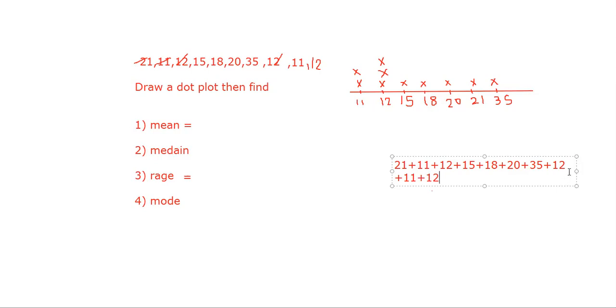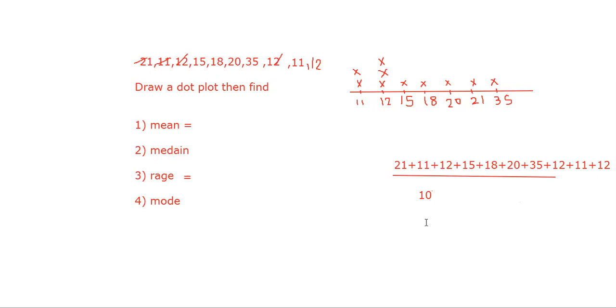And then we will put all these numbers and divide them over how many numbers we have. 1, 2, 3, 4, 5, 6, 7, 8, 9, 10, right? So we will divide it by 10.